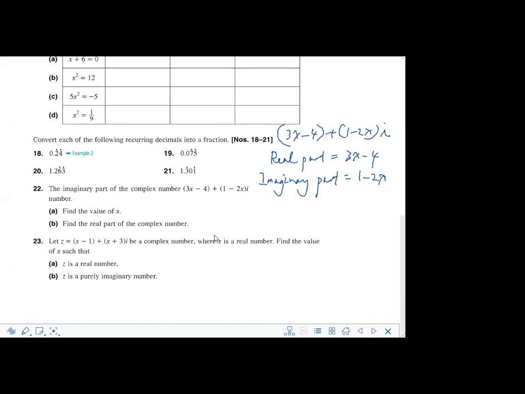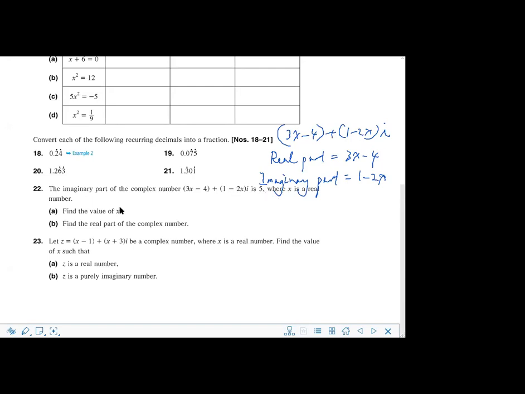Okay, and then just say imaginary part. Okay. So the imaginary part of the complex number is 5.